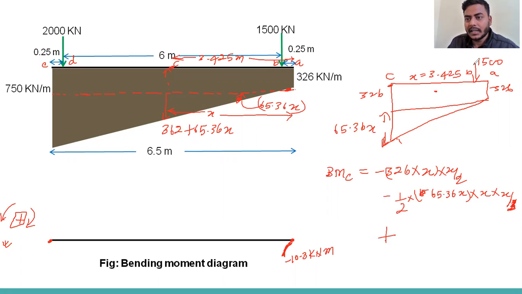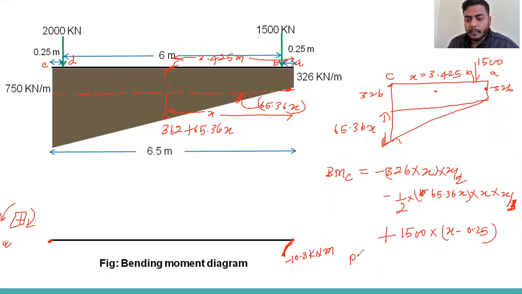Now we can go for the 1500 load that is in the downward direction. It will give us, at point C, a clockwise moment, which we have considered positive. So 1500, what is the distance? The distance is x minus 0.25, because x is the distance from the left, from here. So we have to deduct this value 0.25.